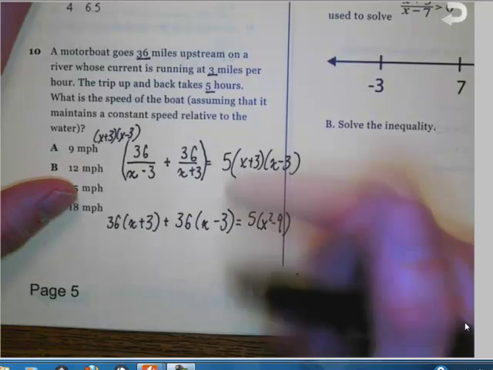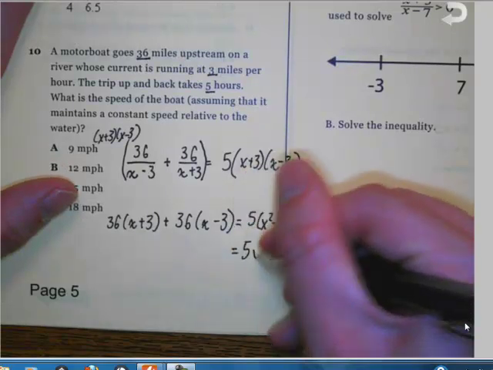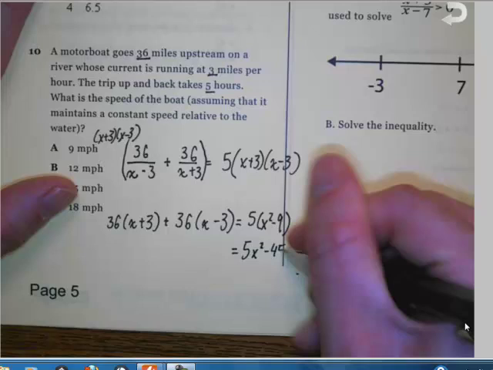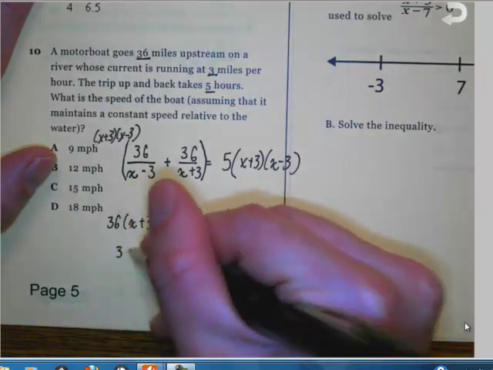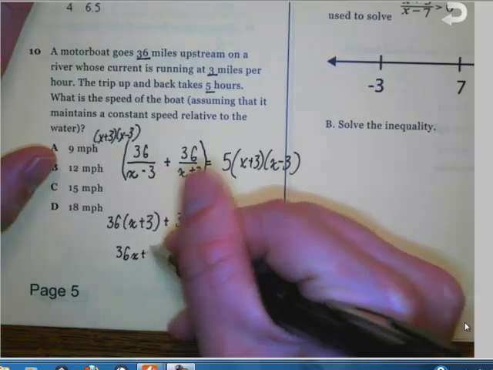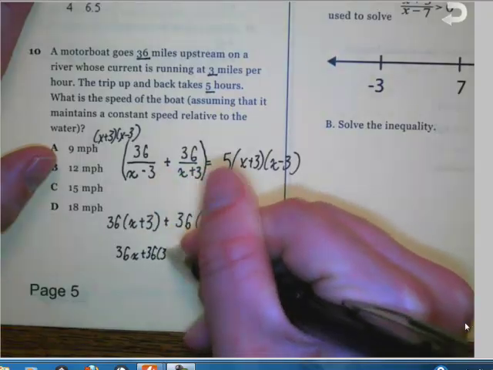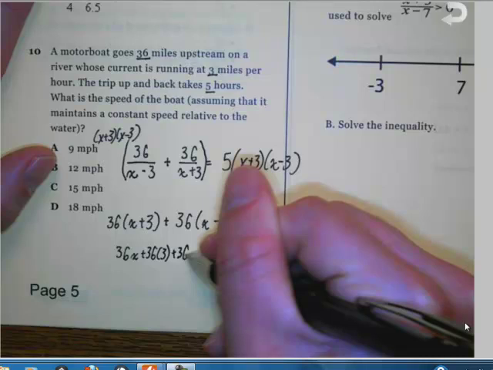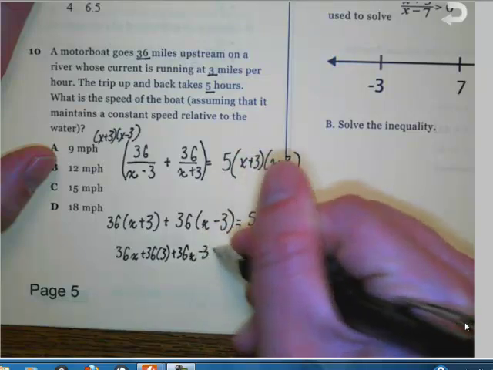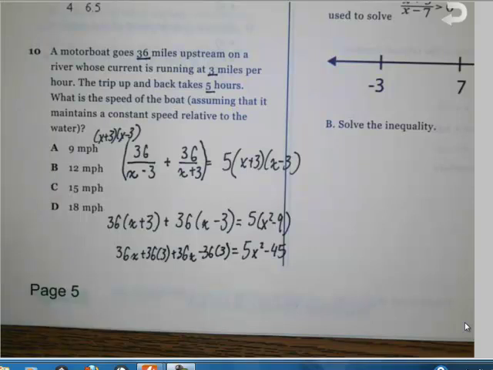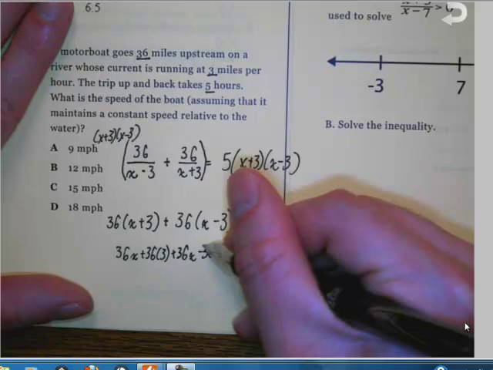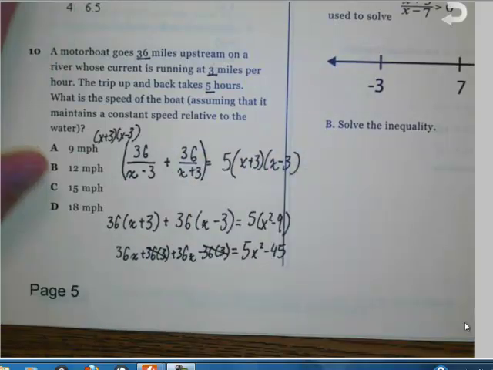Do the distribution. You have 5x squared minus 45 is equal to 36x plus 36 times 3 plus 36x minus 36 times 3. Rather than actually evaluating 36 times 3, which is 90 plus 18, which is 108, which is annoying, we can leave them as such and just cancel them out because one is positive and the other is negative.